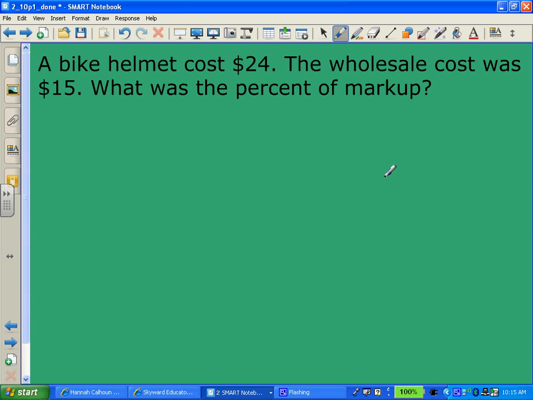Now we also have problems where we have to find the percent markup. And again, these are like where we have to find the percent discount. So the bike helmet cost $24. The wholesale cost was $15. So I'm going to take big minus little over, now I always have to do the original cost. So here it's going to be the smaller number because it started out at 15 and got marked up to 24.